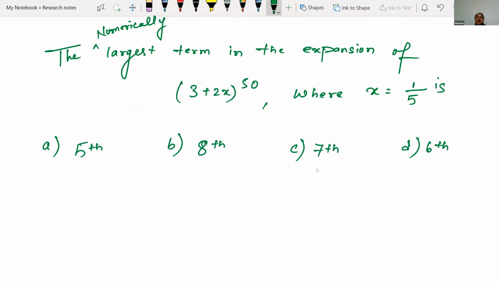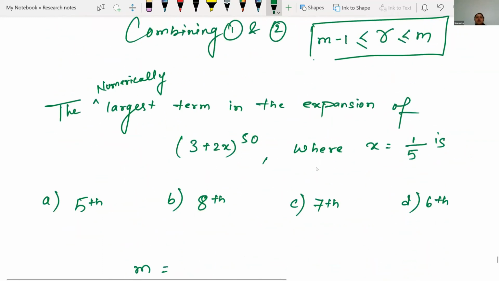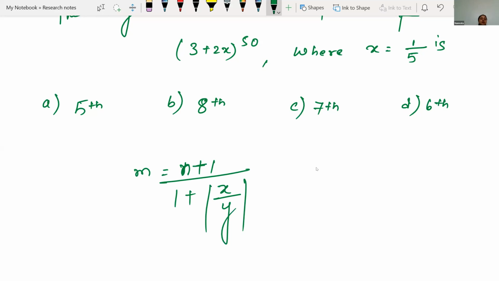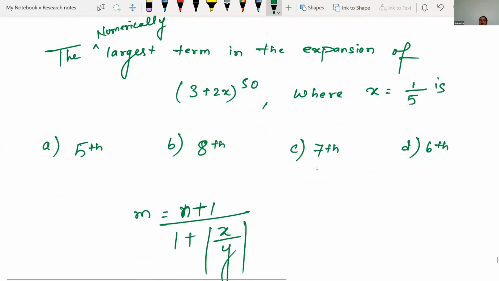For the numerically largest term, we have just seen the formula: m is equal to n plus 1 by 1 plus mod of x by y. This was the m in the formula. Let's find m. So n is what? n is 50. Can you see? n means the power.